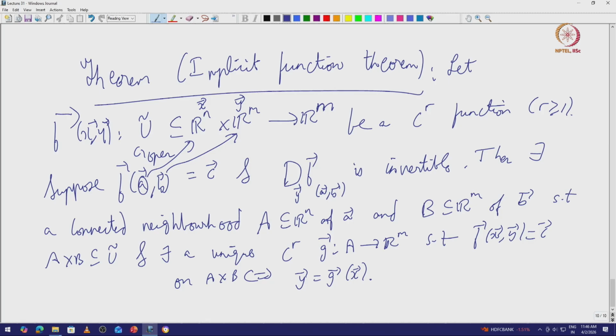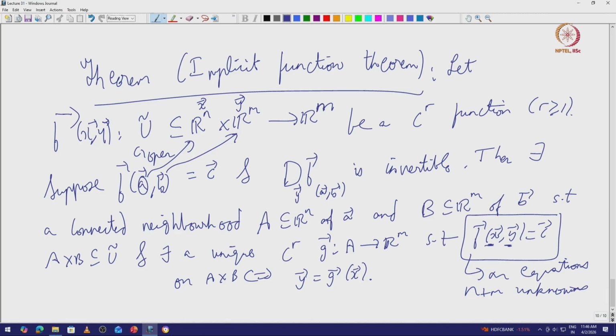If you have a function to R^m, the aim here is to solve this. You have m equations and n plus m unknowns. Okay, this is n unknowns, this is m unknowns. So you have m equations and n plus m unknowns.